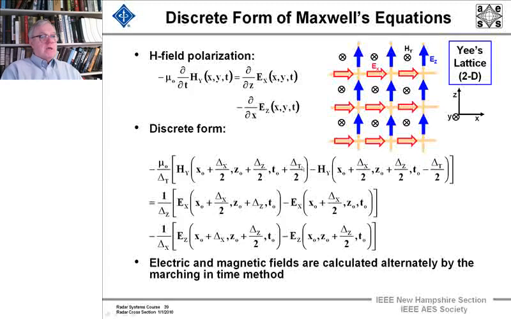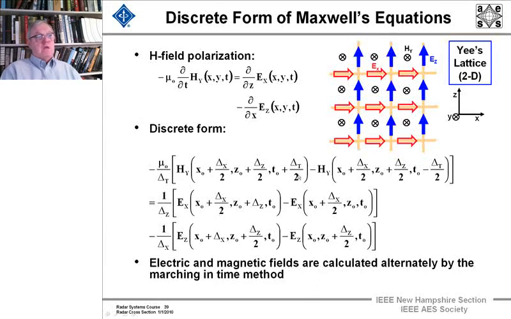Now, if you look at these equations, you can put this expression of the magnetic field on one side and all these others on the other side, and the sum on the right-hand side of these five different terms tells you the H sub y term at a time delta t over 2 greater than t0.